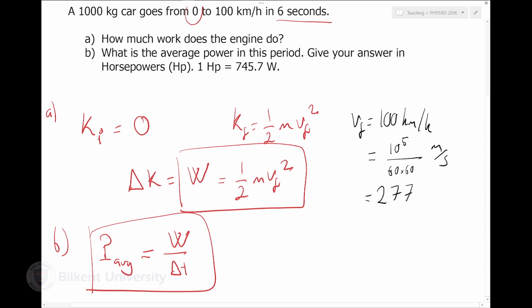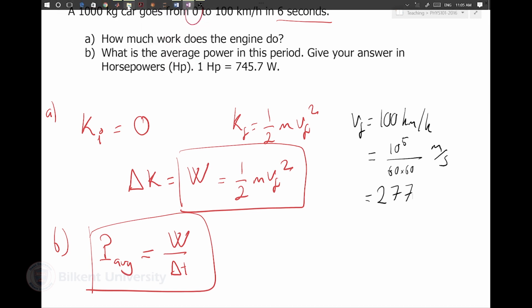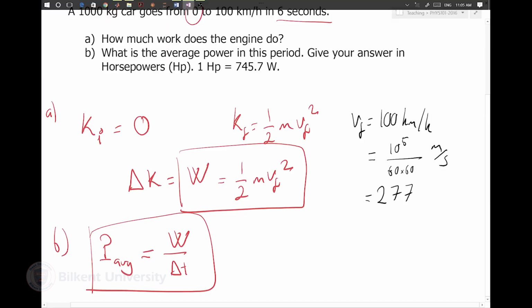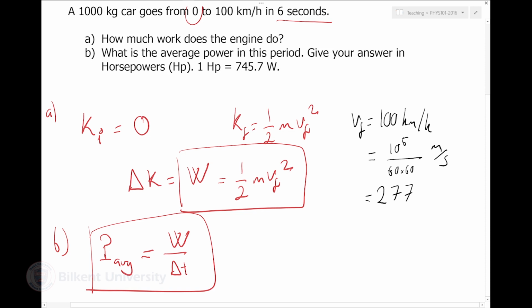Am I doing something wrong here? Yes. Let's check it again. It's 10 to the power 4. Why? I think it's 10 to the power 5, isn't it? Yes.